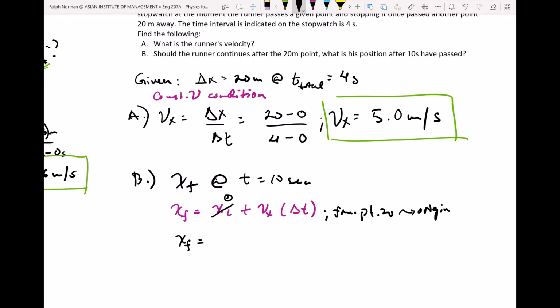X here would now be at a constant velocity of 5 meters per second, given a total elapsed time of t, 10 seconds. So that's 10 minus 0 at that 20-point mark. We will get 50 meters.